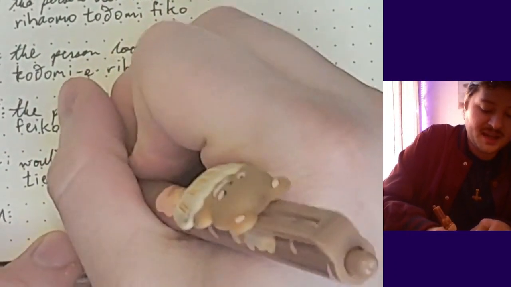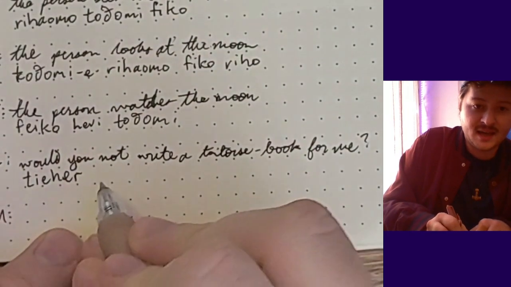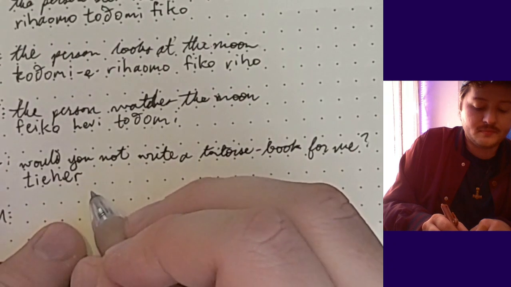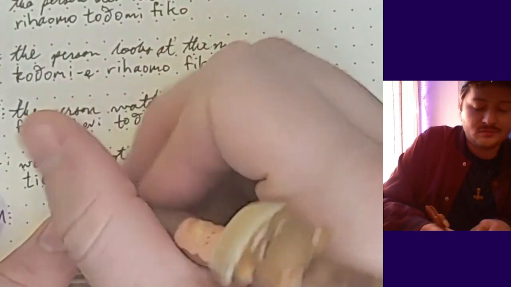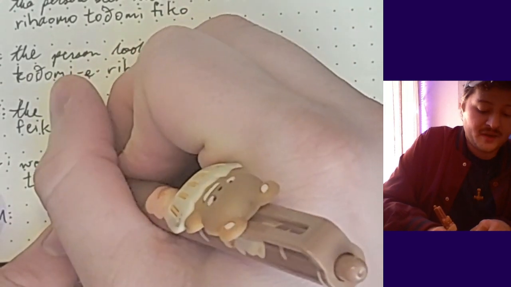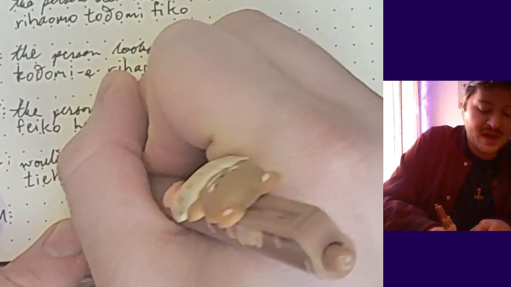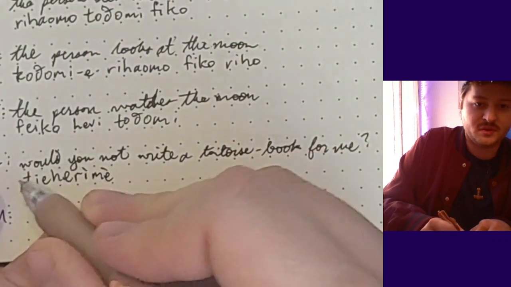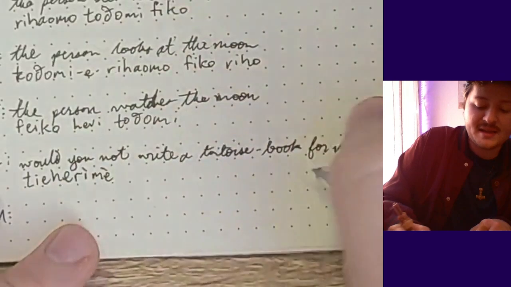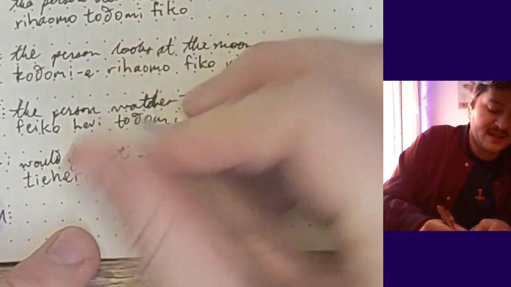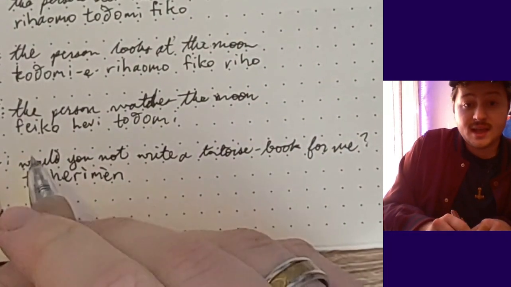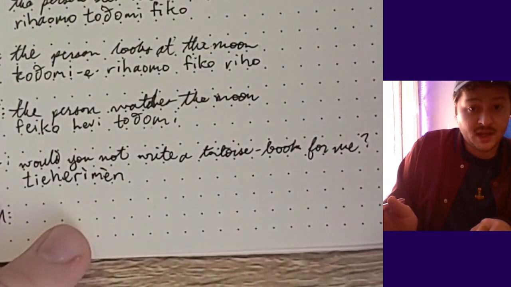To make it irrealis, we add an R. Tied is would you ink, or you would ink, you would put ink on something, and then it's negative, and we have a consonant there, so we need the E. So I me, with the graves to show that those don't drag. The stress is still on sie, sierime, and it's a question, so add that N to the end. So sierimen, would you not write?